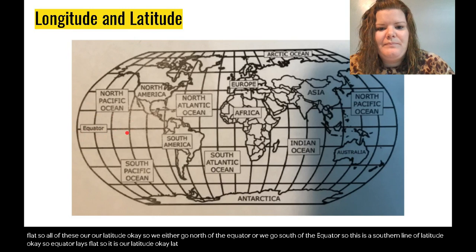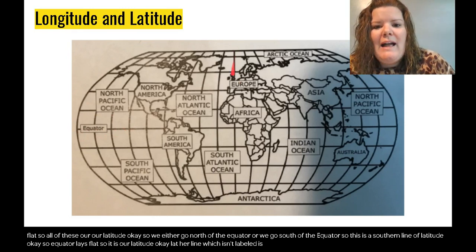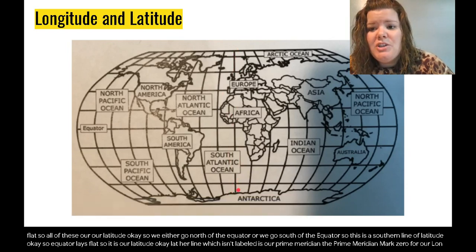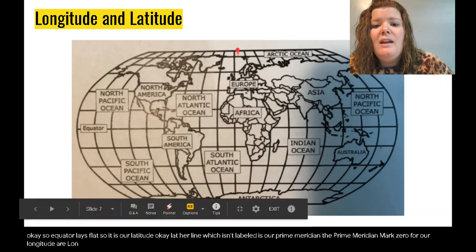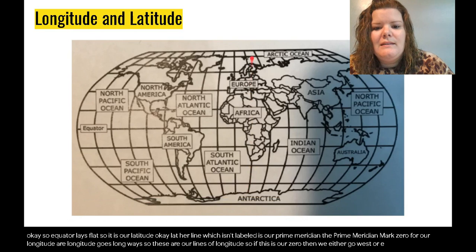flat. The other line, which isn't labeled, is our prime meridian. The prime meridian marks 0 for our longitude. Our longitude goes long ways. So these are our lines of longitude. So if this is our 0, then we either go west or east.